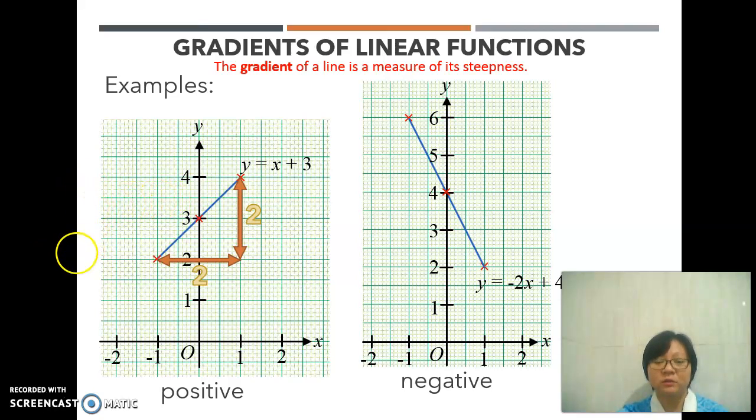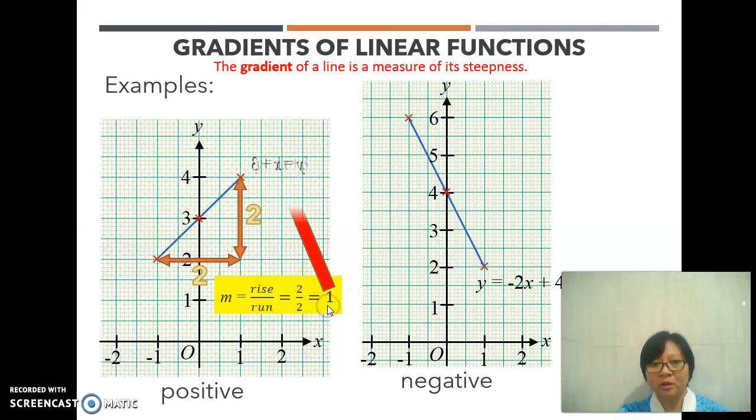Create a right angle triangle, and then measure the height and the base here. So the gradient of a line is the ratio of the rise to the run. So 2 to 2. We simplify equals 1.